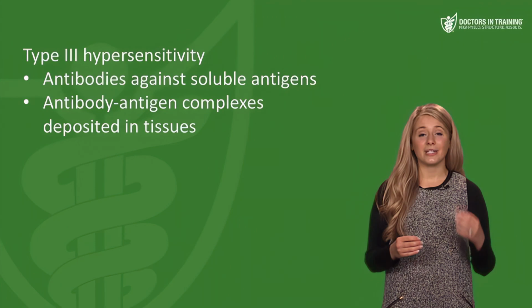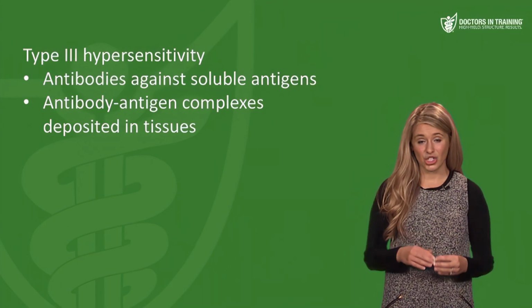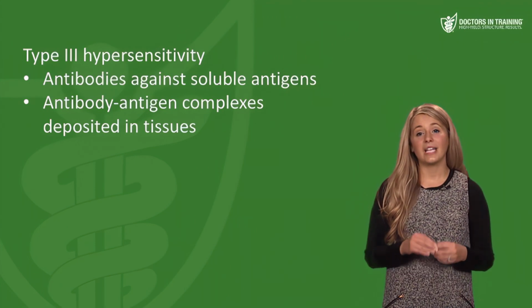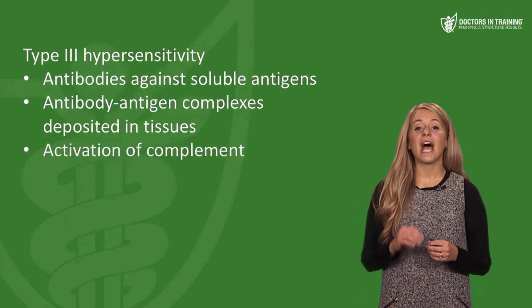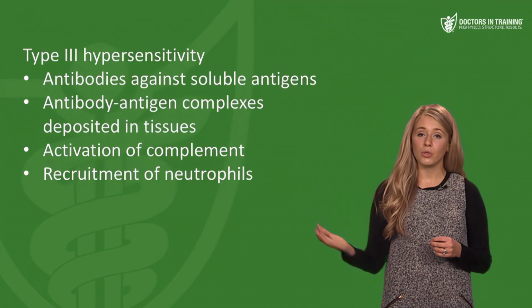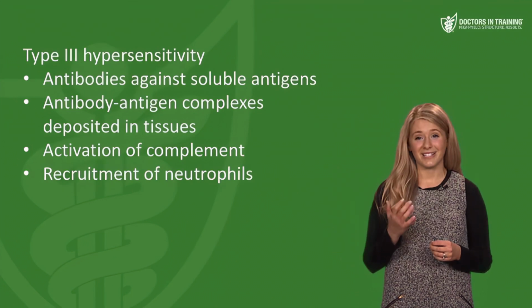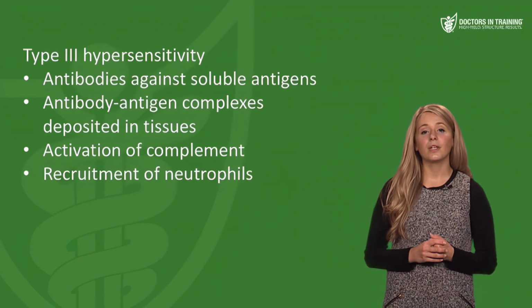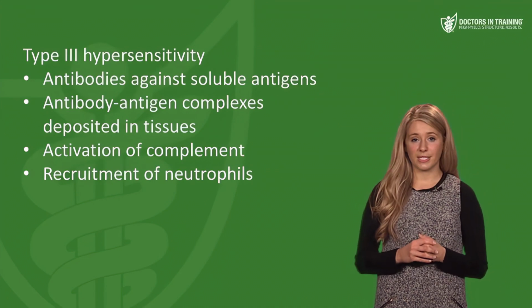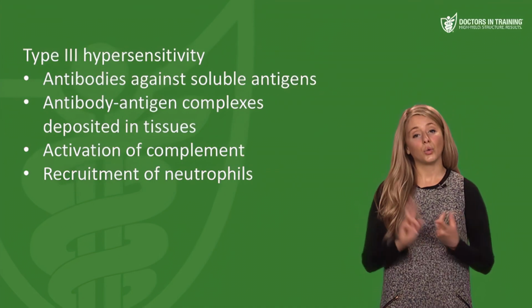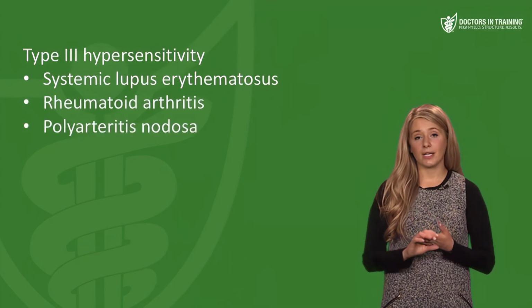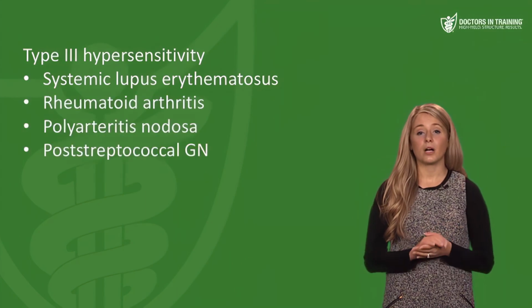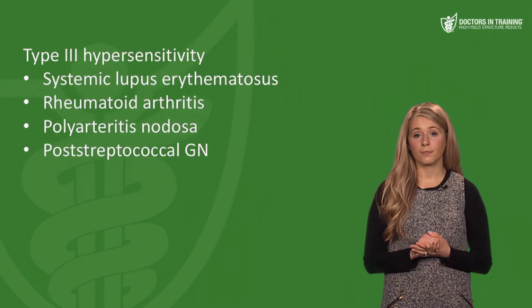It's the antibody-antigen complex getting into the tissue that causes the problem. And again, these immune complexes evoke an immune response with activation of complement and recruitment of neutrophils and ultimately a lot of tissue damage. Examples of type 3 hypersensitivity reaction include lupus, rheumatoid arthritis, polyarteritis nodosa, and streptococcal glomerulonephritis.